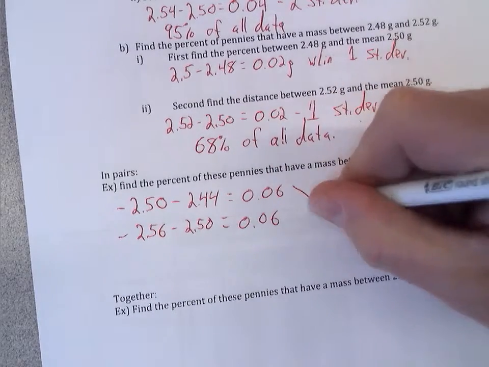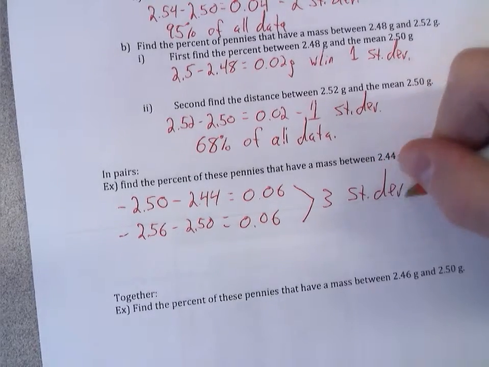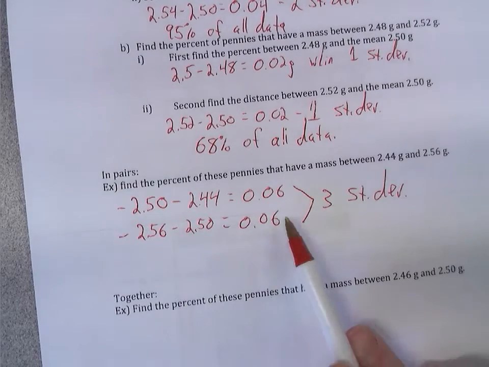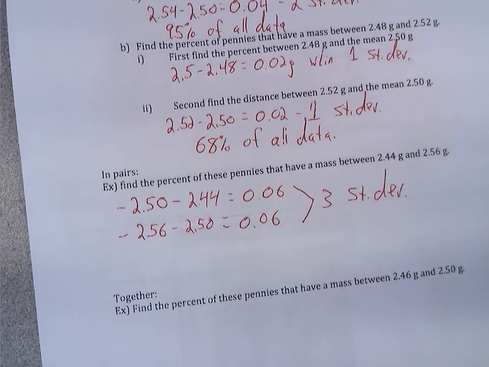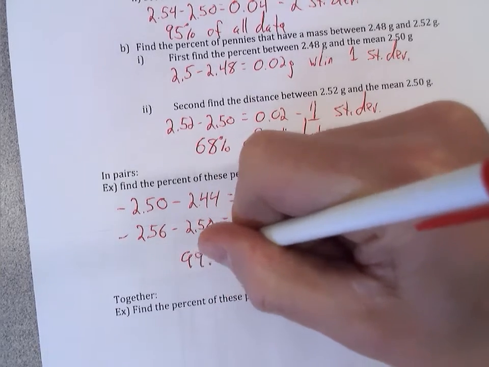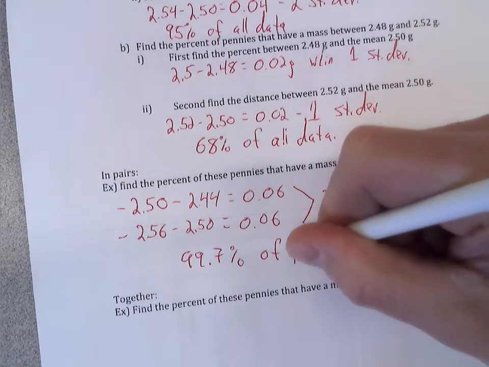What does that mean? That's 3 standard deviations away from the mean, because 0.02 is 1 standard deviation, and we've done that 3 times. So this would represent 99.7% of the pennies.